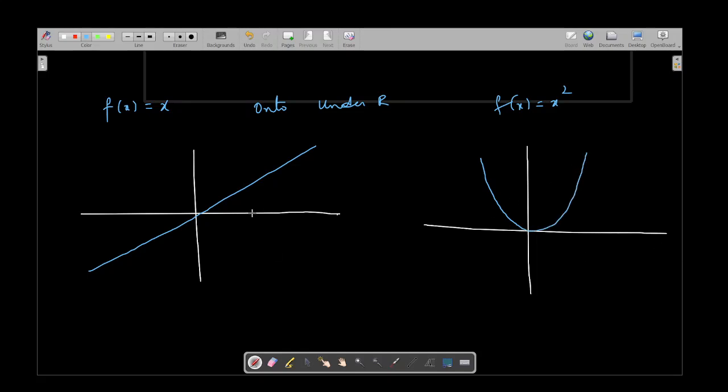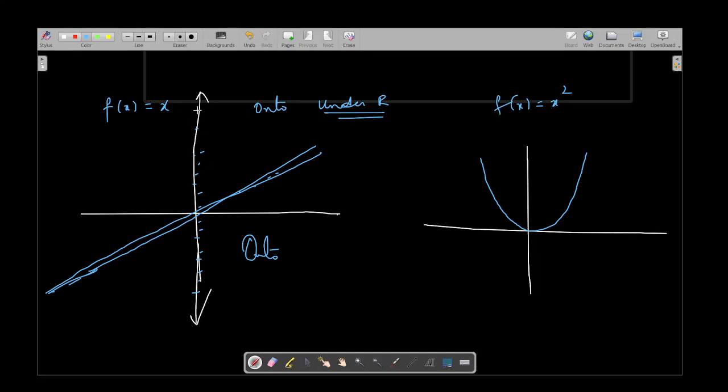To check whether these functions are onto, here the set is real numbers, so we need to check whether all the values on the y-axis are covered or not. If you see this line, the function f of x is equal to x covers all the values of the y-axis. So hence it is onto.